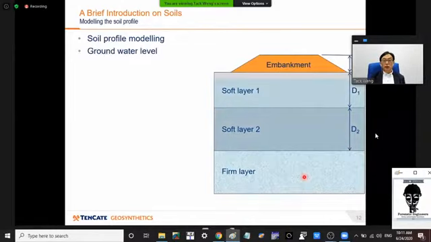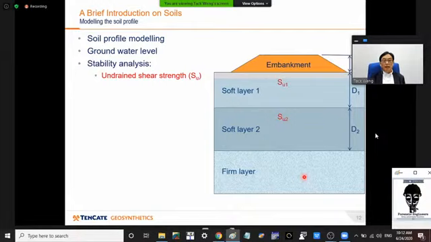We need to also know where the groundwater level is, because as I mentioned, it is the water combined with the fine-grained soils that gives you this softness and compressibility. For stability analysis, it is the undrained shear strength that is important, typically noted by Su, and you need to have the values for each of the soft layers.